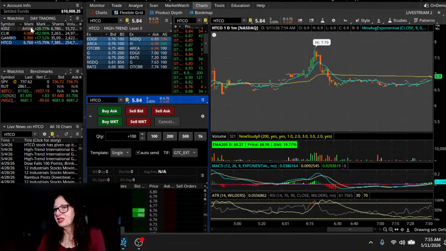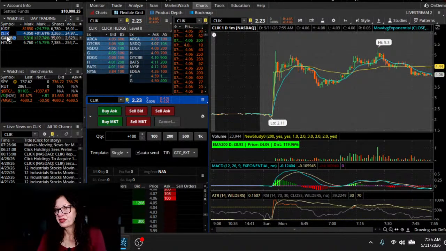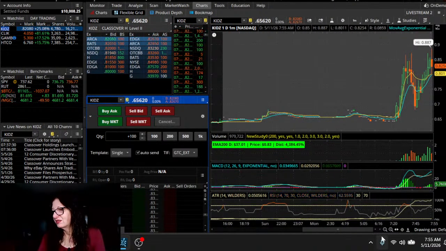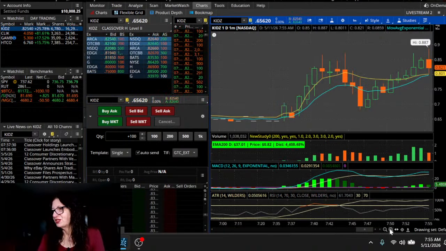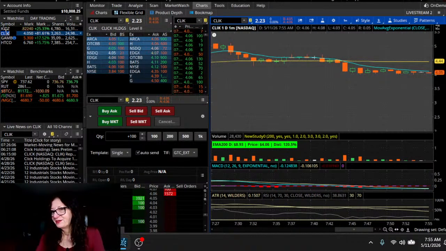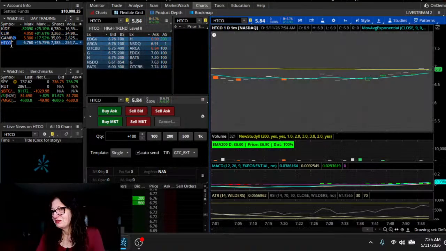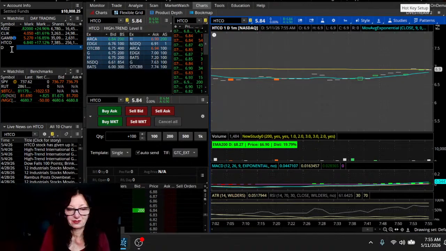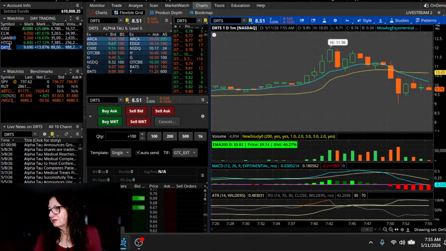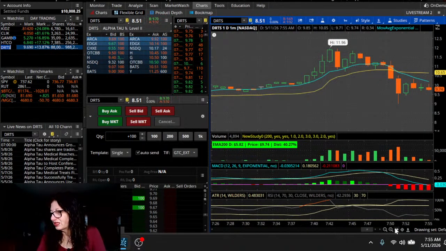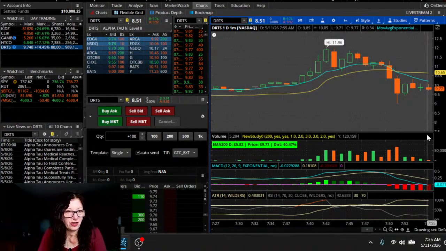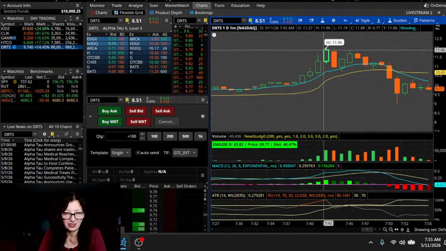Okay, so let's look at, is it CLIK? Where's the one that I saw, the ABCD pattern? Was it KIDZ? Did I take it off my chart? Maybe it was DRTS. Wait a minute, DRTS. Okay, so I just want to look at this again. So for the ABCD pattern, this is the initial leg, right?